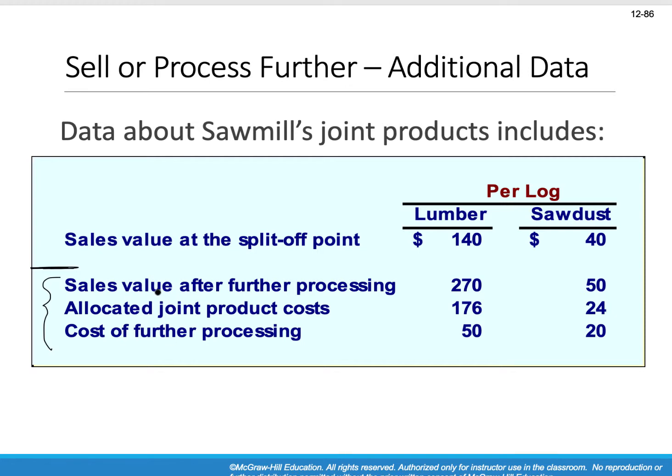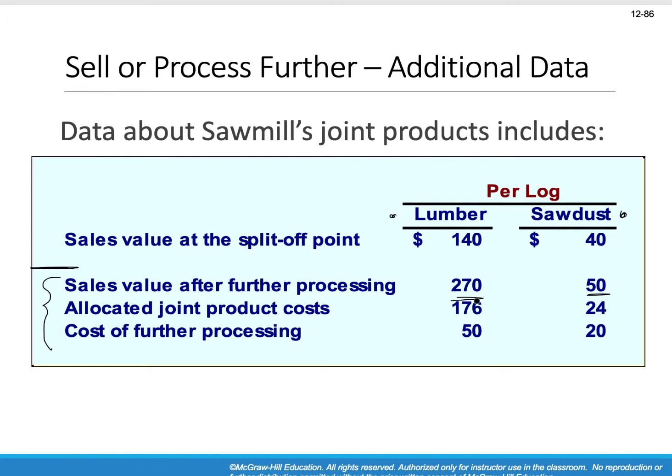Okay. So the sales value after further processing. We're going to finish these boards. We're going to turn this sawdust into a Presto log. We can get $270 per board, and we can get $50 for the sawdust. But in order to do that, we are going to incur more costs, right?